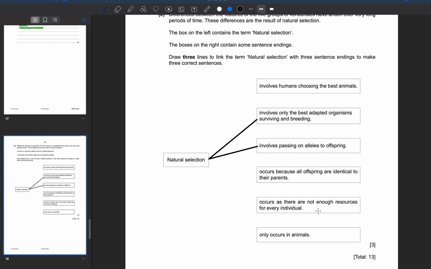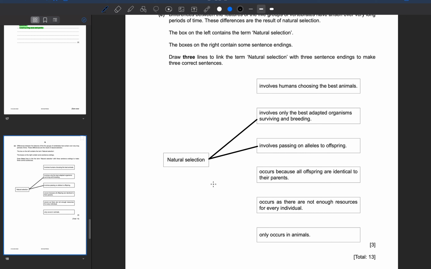The next one, occurs as there are not enough resources for every individual. Yes, this is right. The last one, only occurs in animals. No, it does not only occur in animals.